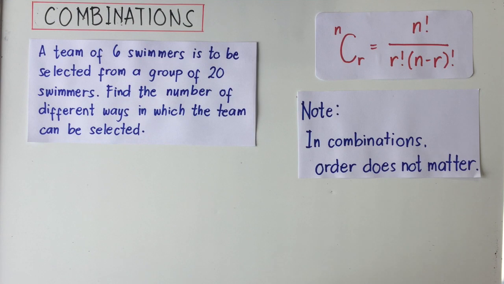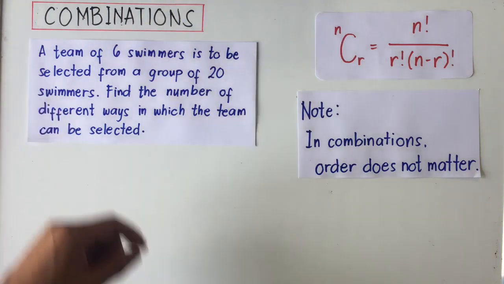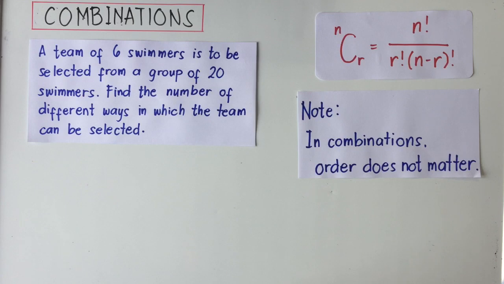You will just choose, because they are all generalized as swimmers. So it doesn't matter if I make them in order or not. This is when we apply combinations.